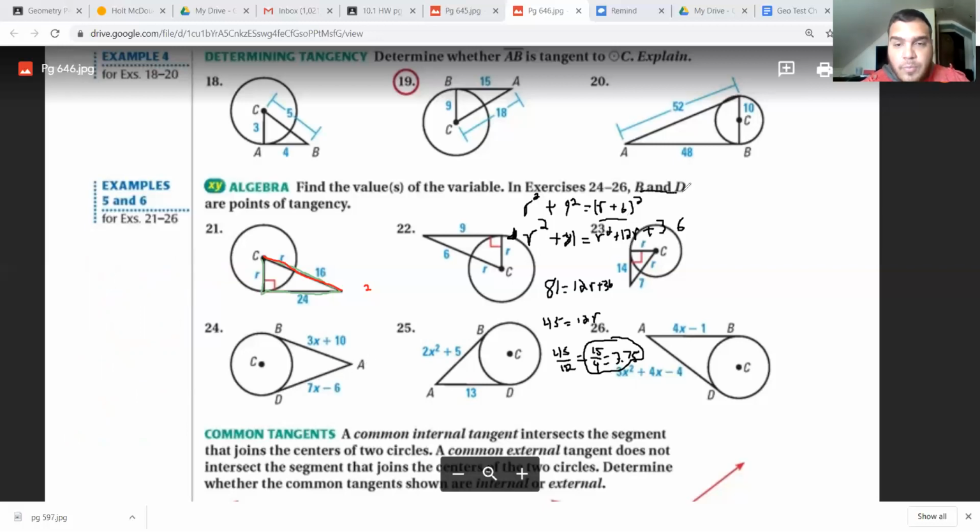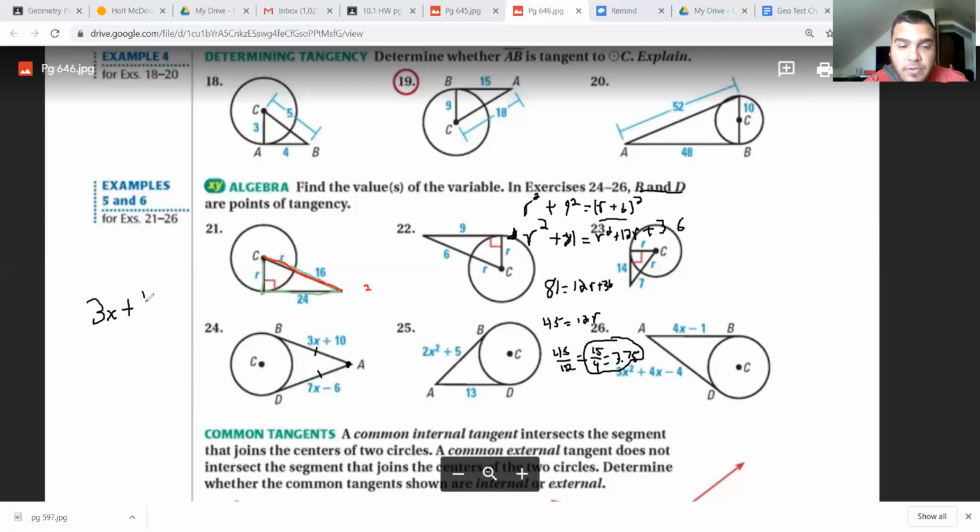It says B and D are points of tangency, so we know for a fact they're tangents. So BA and DA are both tangents, and they both land on A. Because of that, you could say this is equal to that. That seems really easy. It is very straightforward.